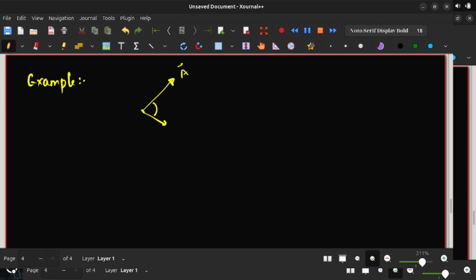The angle here is maybe 50 degrees, and this angle here should be 310 degrees. Then what is the angle between A vector and B vector? It should be 50 degrees. Always pick the smaller angle.